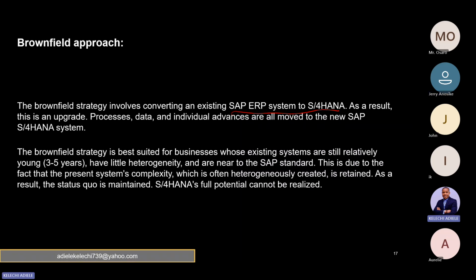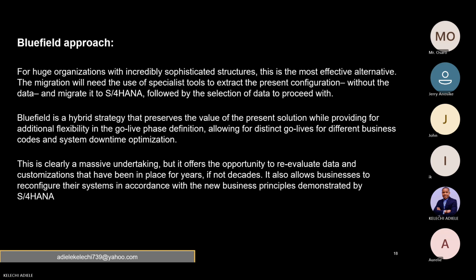So brownfield strategy involves converting an existing SAP ERP system to SAP S/4HANA. So when you say you've been in a brownfield project, it meant that it was an upgrade. You were using a lower version of the system, and you're now moving into SAP. Or it could be the same version, but selective transition.